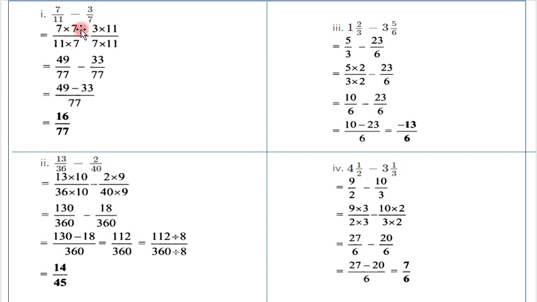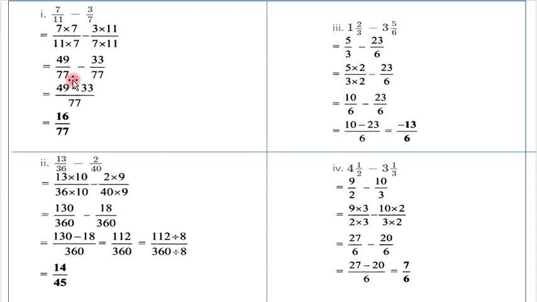So when equalizing the denominator, the fraction with denominator 11, you'll multiply it by 7 in the numerator as well as the denominator. Whereas the other fraction you will multiply by 11 in the numerator and denominator, and thus equalize the two denominators of both the rational numbers.